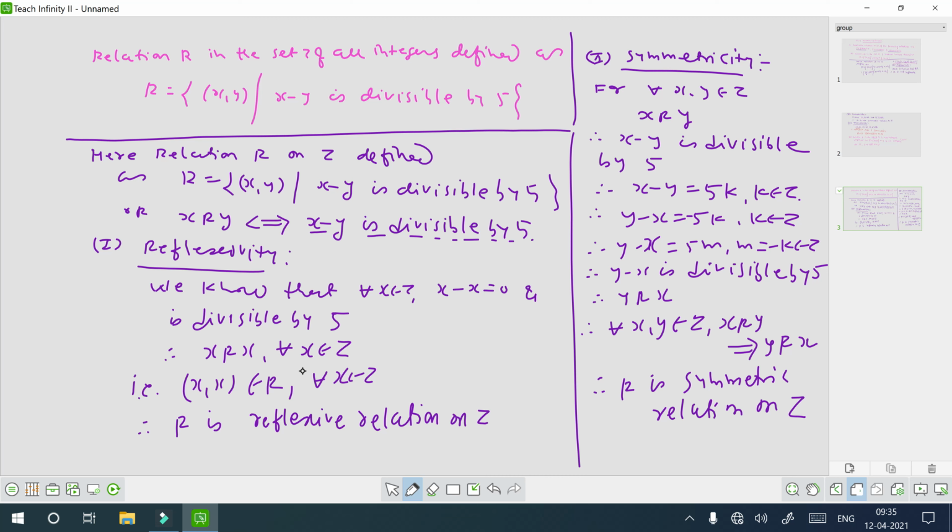Clear? Now let us check the third one, transitivity. What we have to check for transitivity?